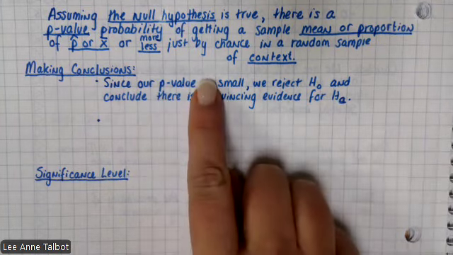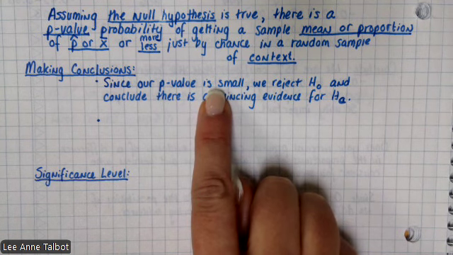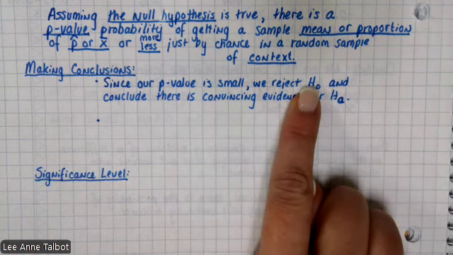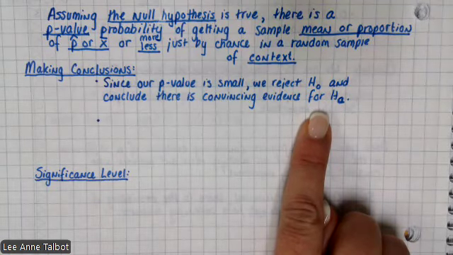So you got a small p-value, super unusual that that would happen. Then you reject the H0 and conclude there's convincing evidence for the Ha.